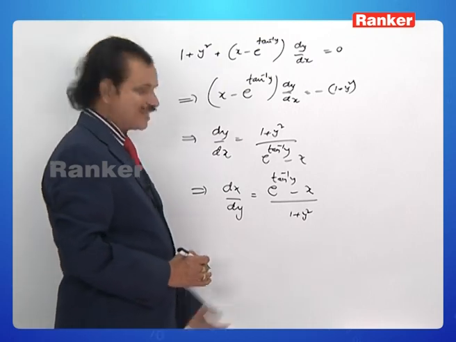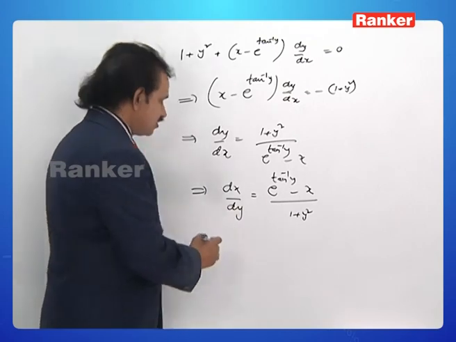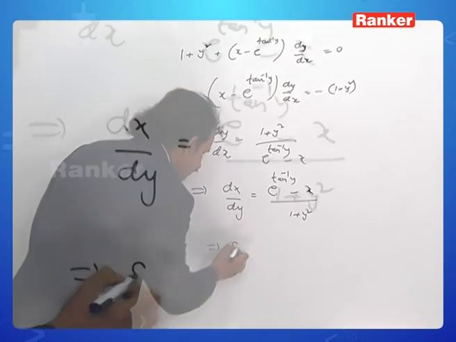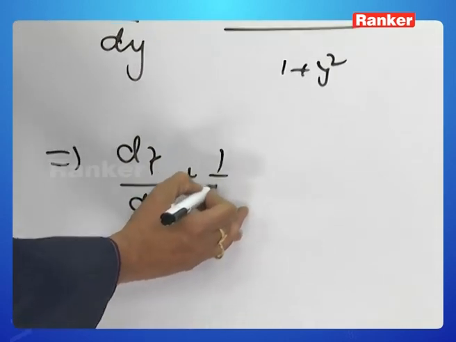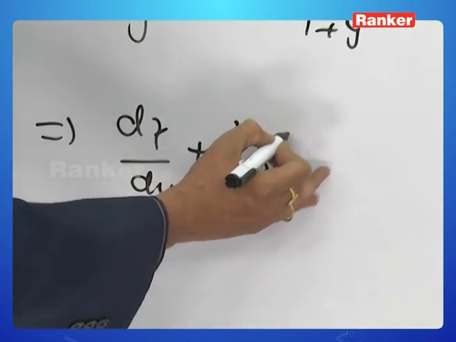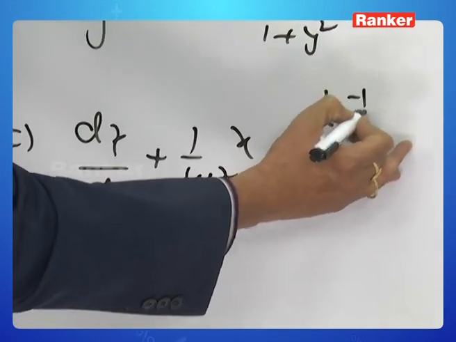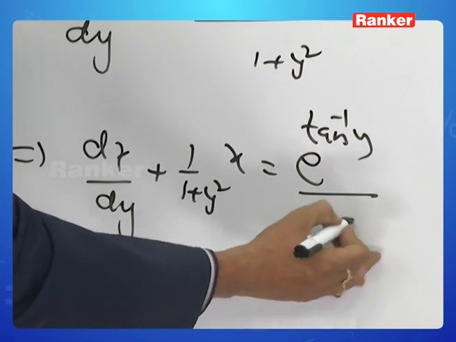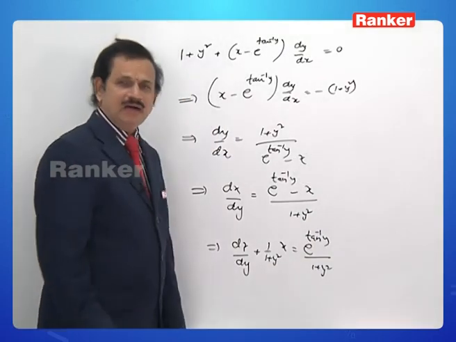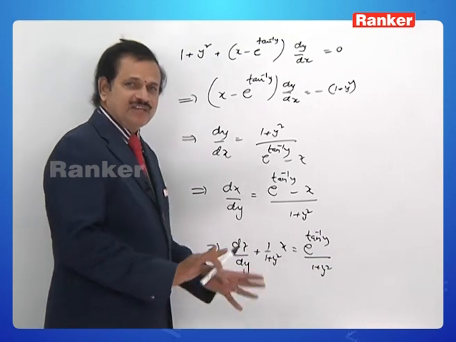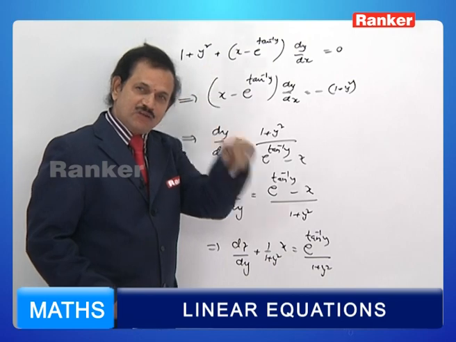Now, I would like to pull that minus x by 1 plus y square to this side. What does remain? Dx by dy plus 1 by 1 plus y square into x is equal to e power tan inverse y by 1 plus y square. I think you can understand. Well, my dear, this is absolutely in the standard format of those linear equations which are linear in x.